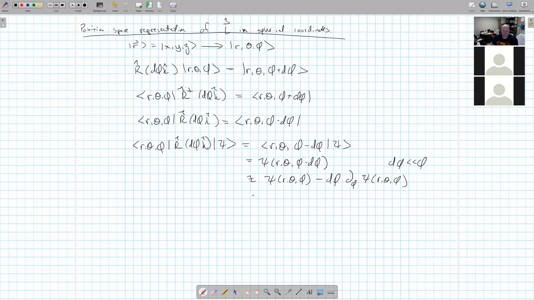So let's rewrite this in bra-ket notation. This is then equal to the inner product of r, theta, phi with psi minus d phi partial phi of the inner product of r, theta, phi with psi. Okay.